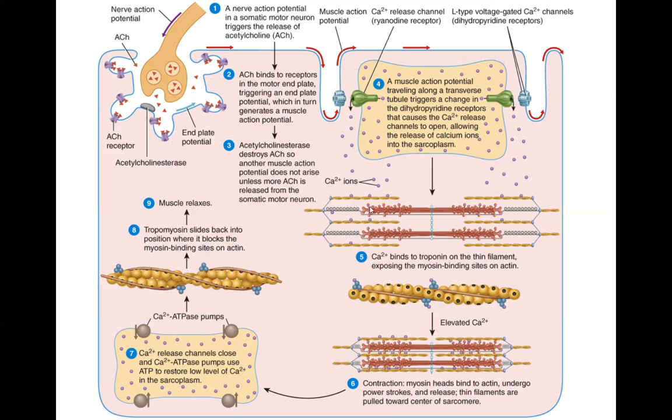We take the calcium back away from the thin filament, put it back into the SR, thanks to those calcium active transport pumps. So like I said, sometimes you'll see them listed as ATPase pumps, same thing. Calcium goes back inside, that requires ATP, as we said. No more cross bridges because the thin filament has the tropomyosin covering the actin.